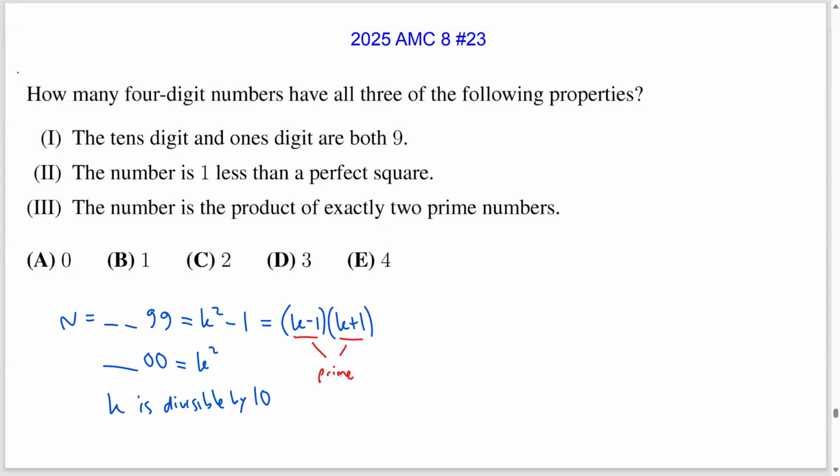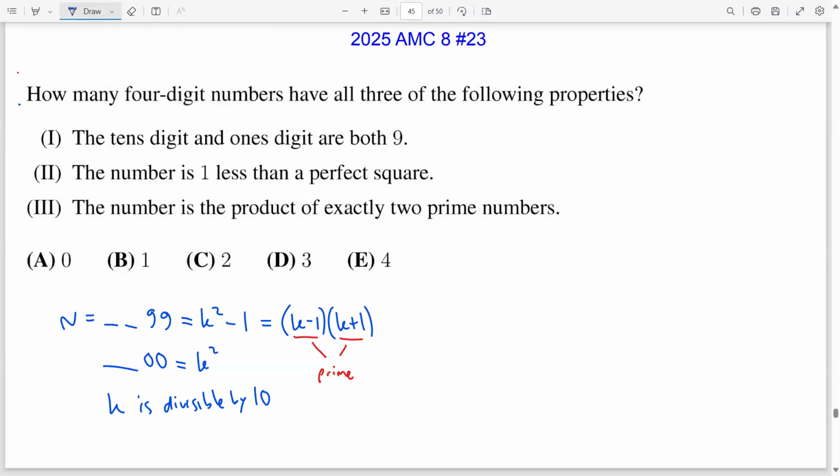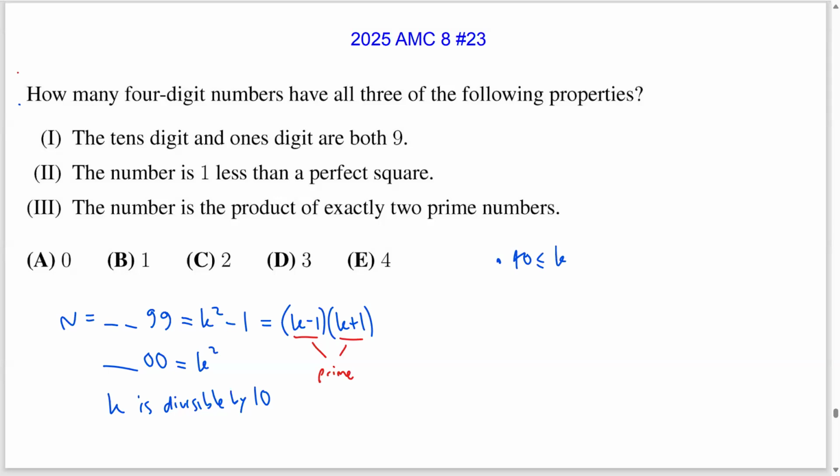Now, we also have some additional conditions on k. The first condition is that k has to be at least 40. And why is this? Because if k was 30, that's the next smallest multiple of 10, then k squared minus 1 would be 899, and that's not a four-digit number.